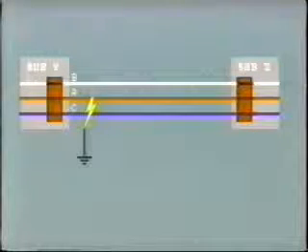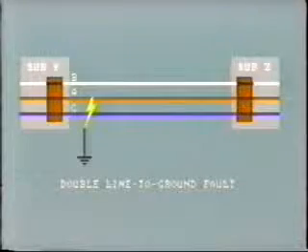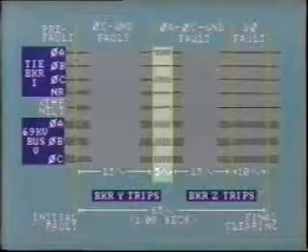At this point, the C-phase conductor burns open, allowing the tree to fall onto A phase. However, the tree still maintains contact with C phase. Now, the nature of the fault has changed to a double line-to-ground fault. Over the next 5 cycles, you can see the effect of the 2-phase fault.